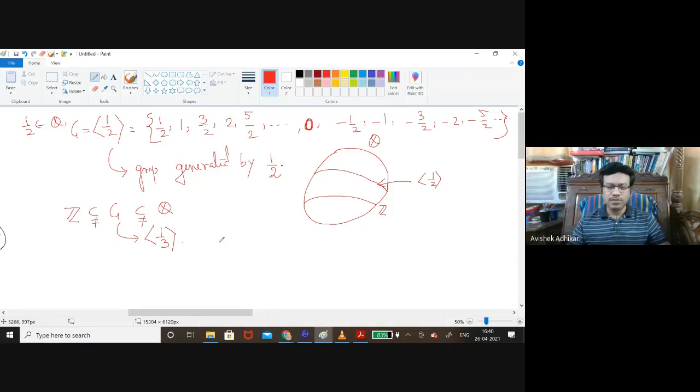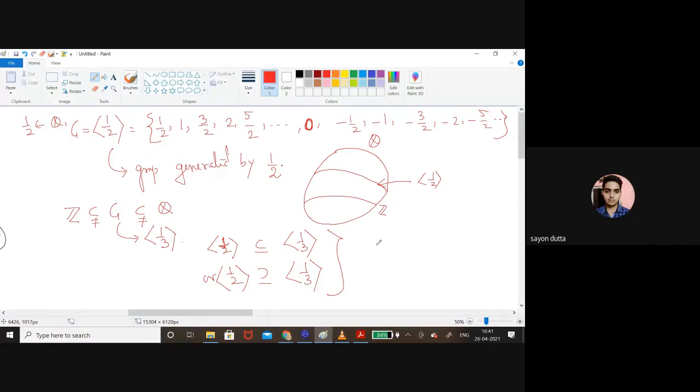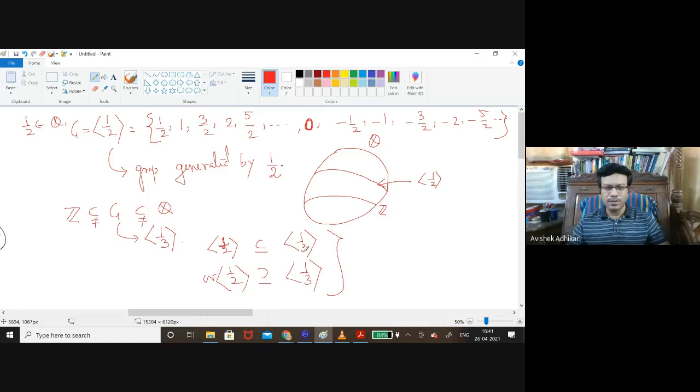If I ask which one is bigger, is the subgroup generated by half a subset of the one generated by one third, or the other way around? Who is bigger? So generated by 1 by 3 is bigger.